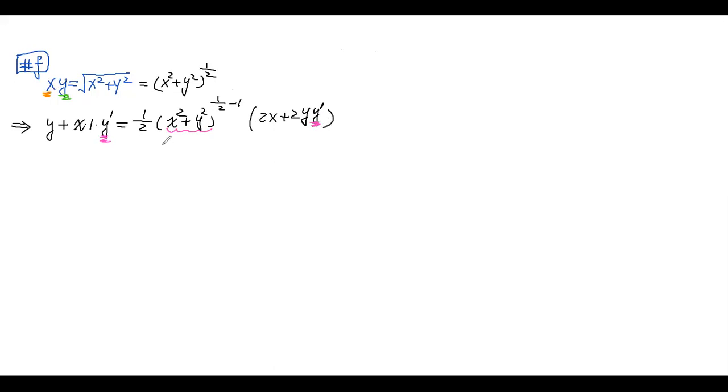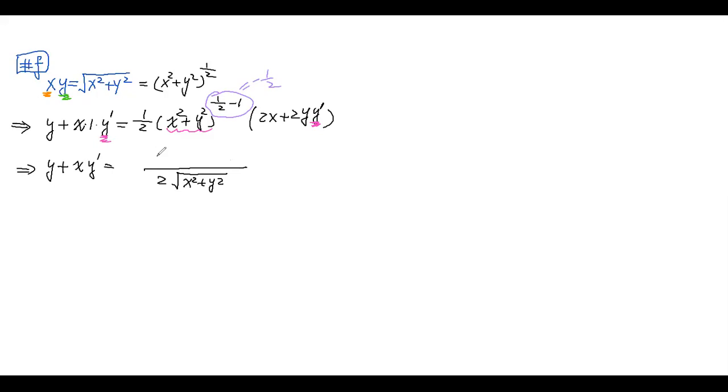Now let's try to combine it carefully and also not make any silly mistakes. This one here will be 2, and here is x squared plus y squared, because the exponent is negative, this becomes negative 1/2, so it goes to the denominator.